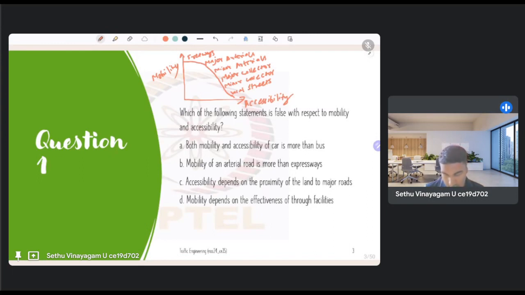So accessibility is basically how easy it is to get to the facility. Mobility is about the efficiency of the through movement, right? How fast can you go through that particular facility to reach your destination.